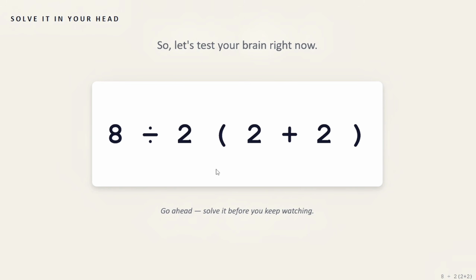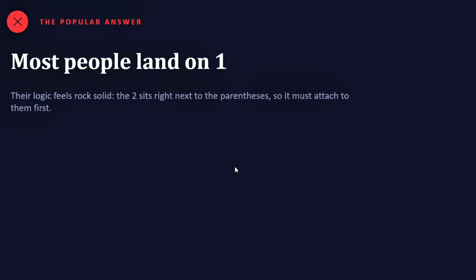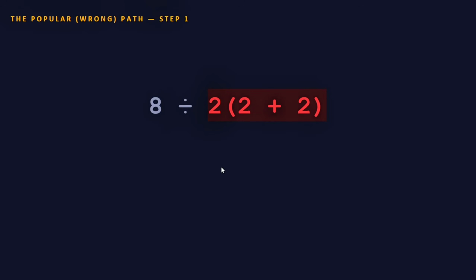Now, the vast majority of people look at this and immediately arrive at the number 1. Their logic feels incredibly solid. They see the 2 sitting right next to the parentheses, and their brain screams at them to multiply that first. They group the 2 with the 2 plus 2, treating it as a single, inseparable chunk.